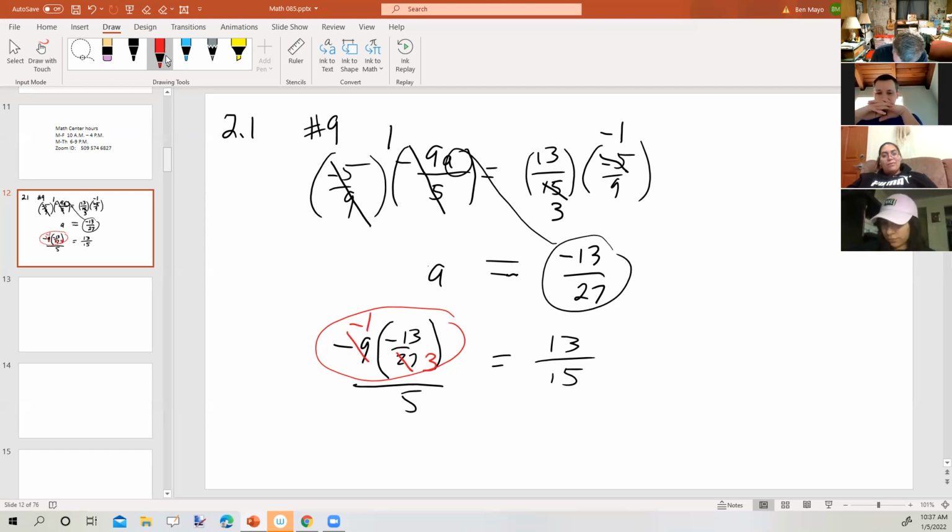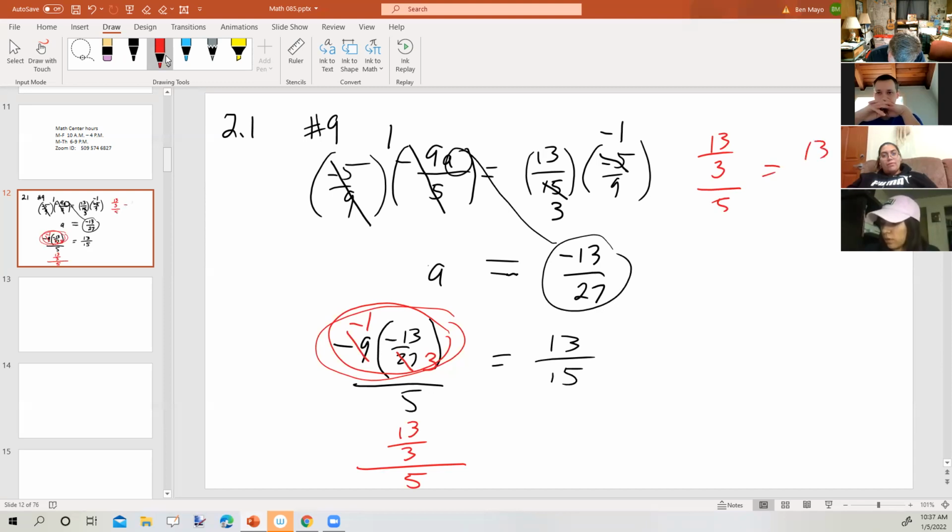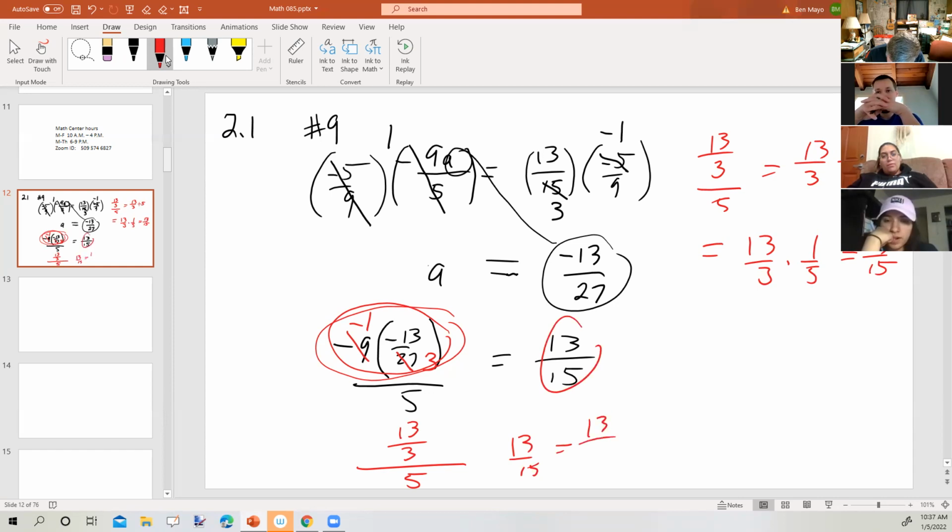I've got 13/3 all over 5. But 13/3 divided by 5 is 13/3 times the reciprocal 1/5, which is 13/15, and that equals the 13/15 on the right side of the equation.